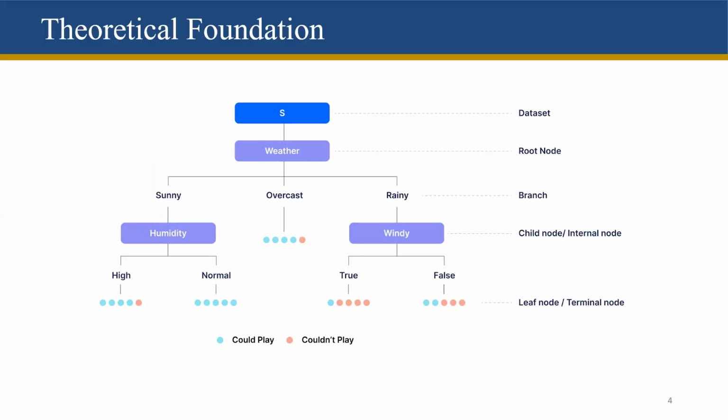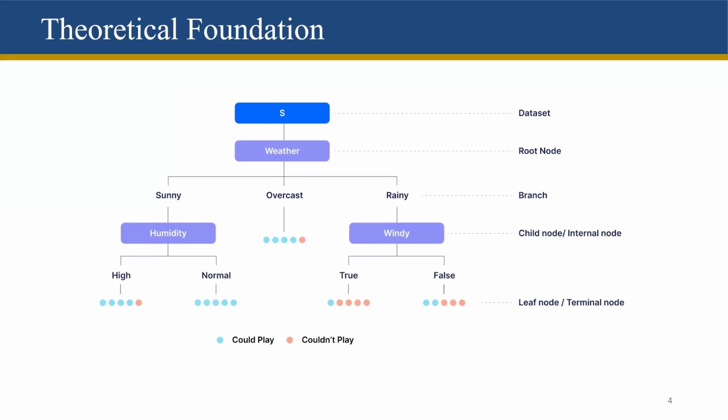So at the end of the day, you see a lot of these images around, and they are basically communicating the same theoretical concept of decision tree. What you see over here is we have nodes, and at the very top, we have what we can refer to as the root node or the mother node.